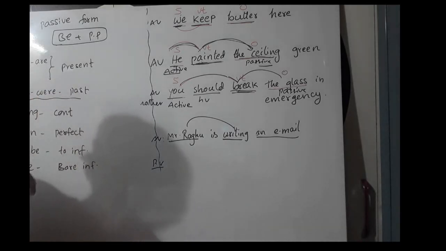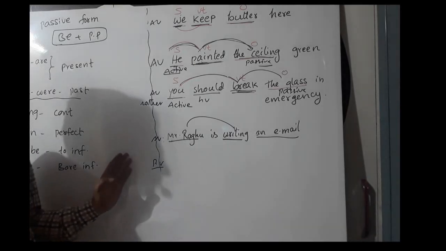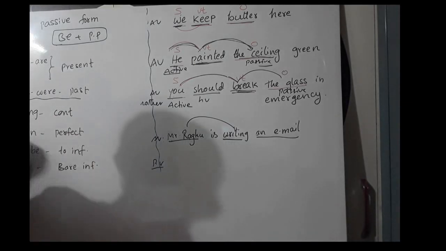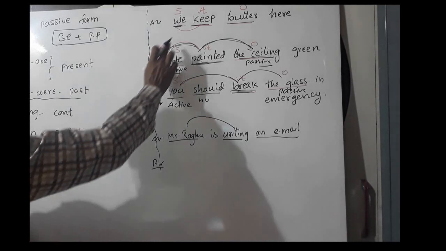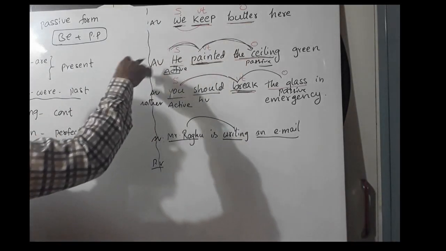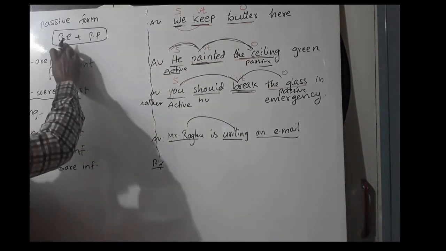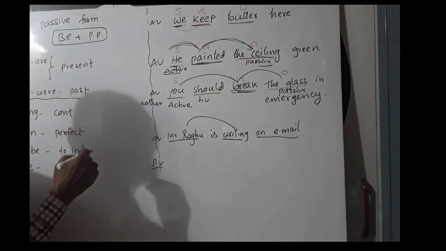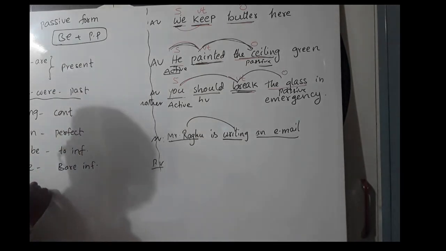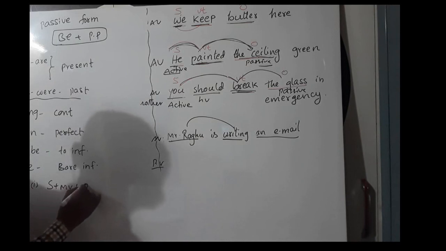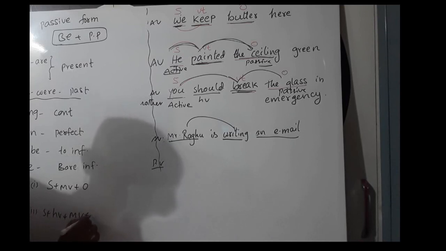So when you want to write passive voice, the very important thing is you place the object first and then the be form and then the past participle. With that, what we can understand, we have two formulas: subject plus main verb plus object, and subject plus helping verb plus main verb plus object.